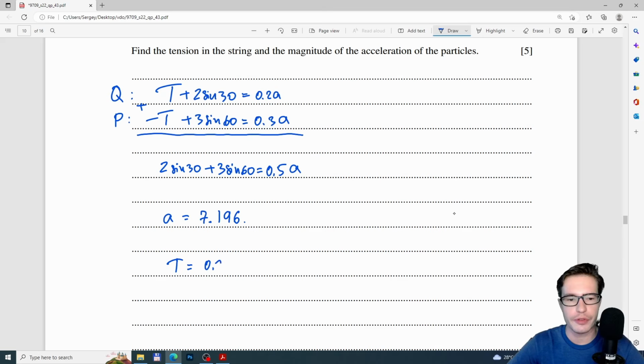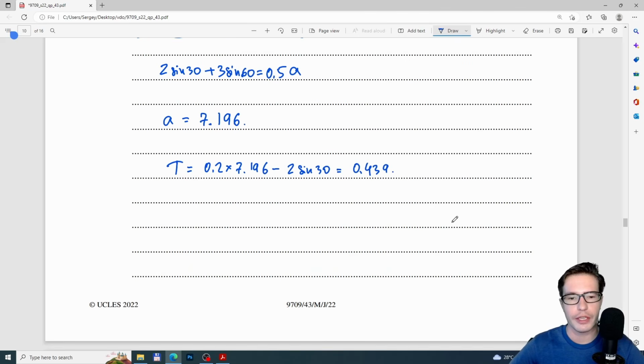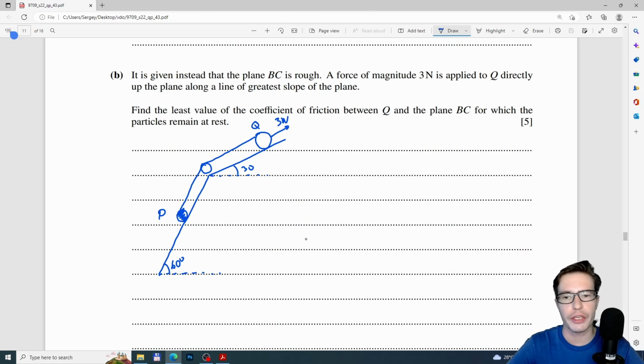So T equals 0.2 times 7.196 minus 2 sine 30, and that gives me 0.439. Okay, now let's round our answers to 3 significant figures. a equals 7.20 meters per second squared, and then T equals 0.439 newtons.